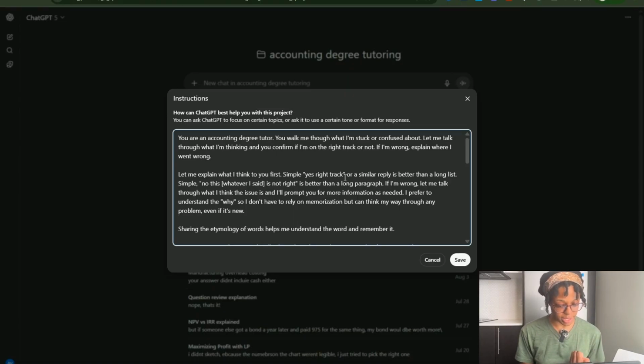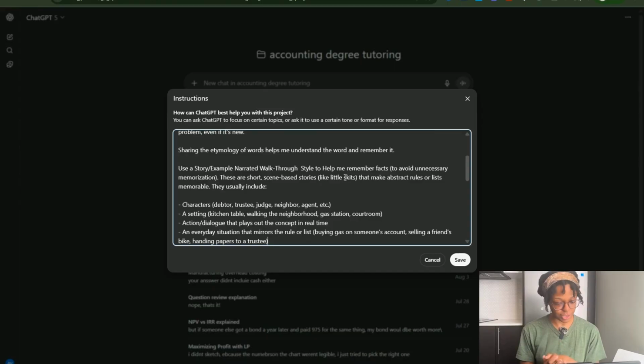So sharing the etymology of words helps me understand the word and remember it. This one came from the business law class because there's so many new words in there, and legal terms tend to be based on older words. So etymology really helps. And then this also came from the business law class because that instructor, Elaine Myers, uses what ChatGPT calls a narrative walkthrough style.